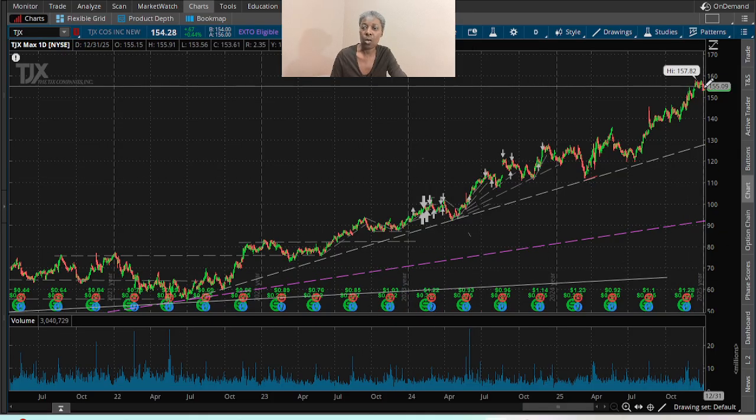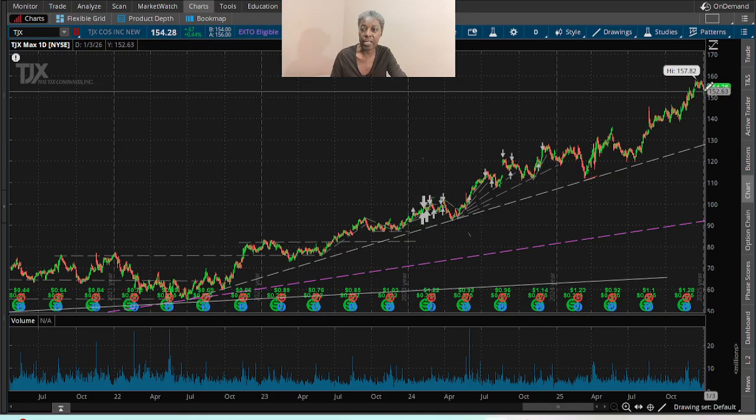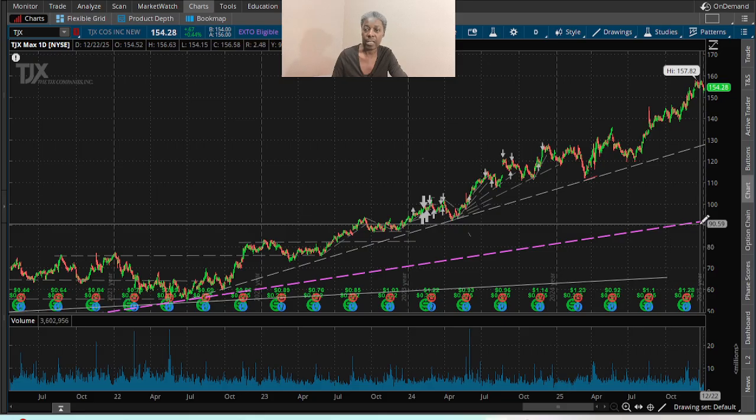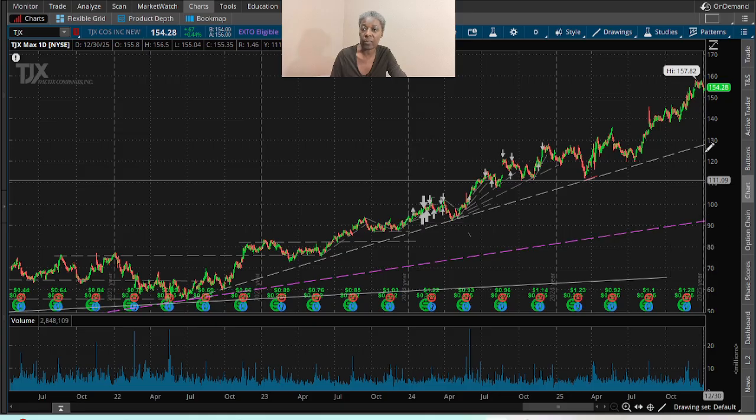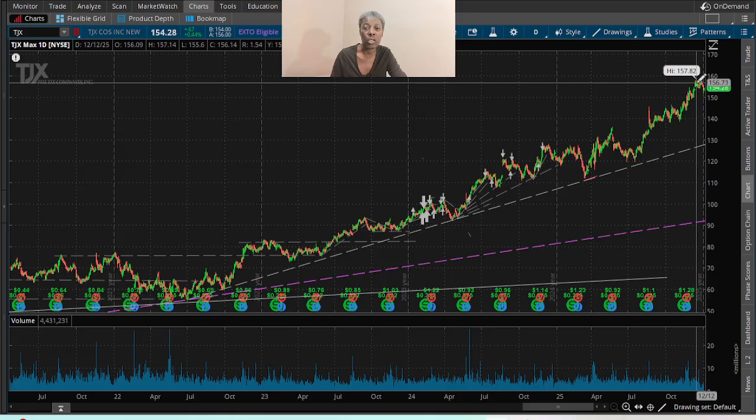And right now the price is far above where we want to buy, and is closer to the all-time high because we are using the maximum chart.